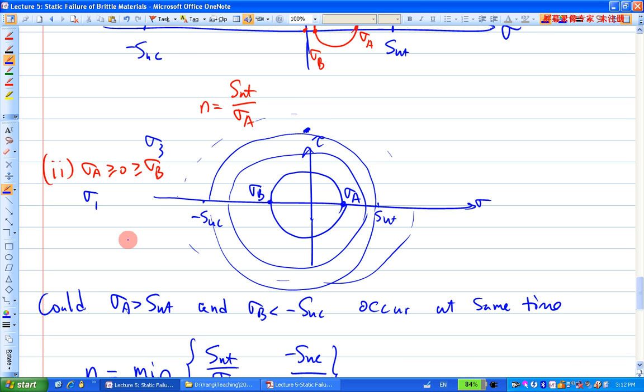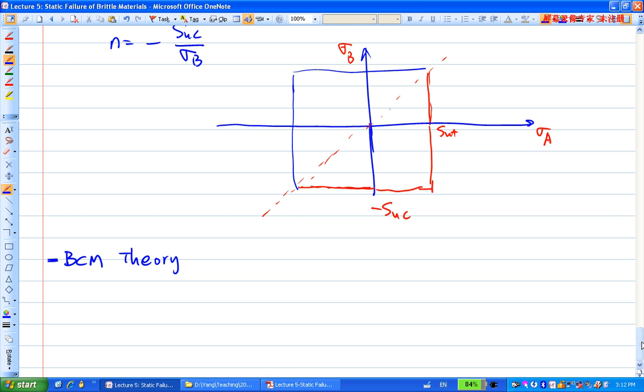Experiments also show that even if MSS says safe, it has already failed. The reason is that the MSS theory in this quadrant didn't consider the effect of the shear stress. So that's where the BCM comes into the picture.